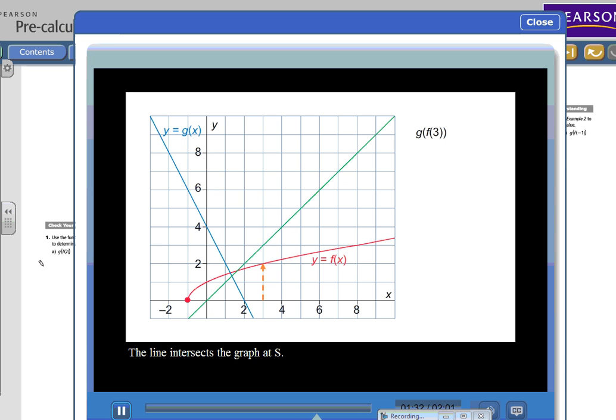The line intersects the graph at S. Now, I'll draw a horizontal line from S to the graph of y equals x. The line intersects the graph at T. Finally, I'll draw a vertical line from T to the graph of y equals g at x. The line intersects the graph at U(2, 0). So, the value of g at f at 3 is 0.